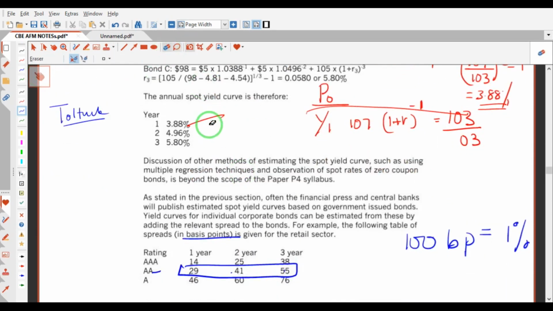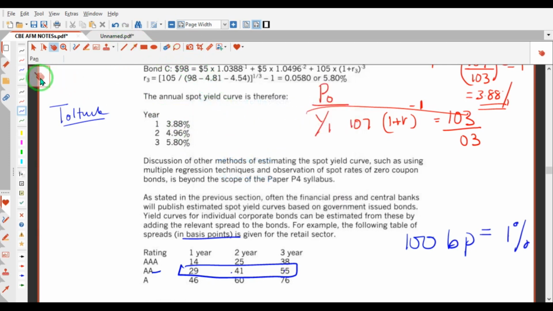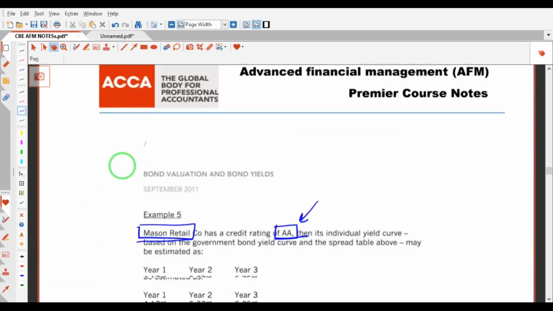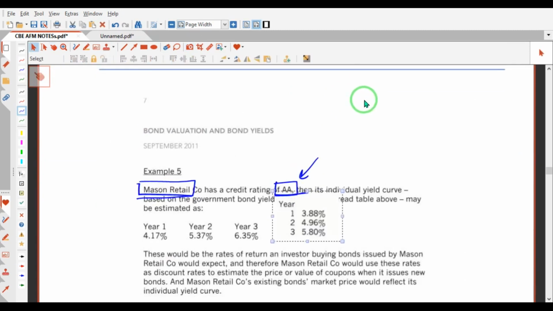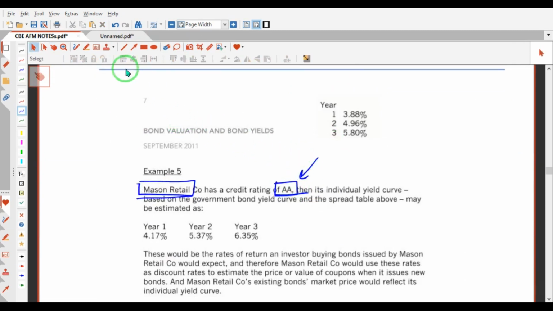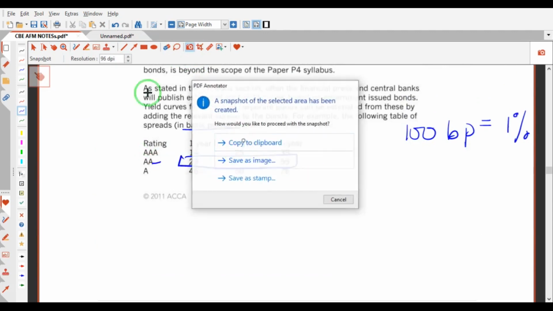Let's just copy this to here and add up. This is what I got, and I got a rating from the agencies here, which is treated as AA.